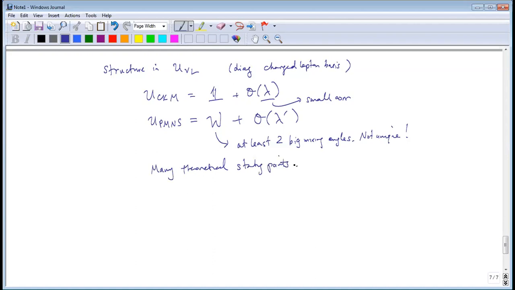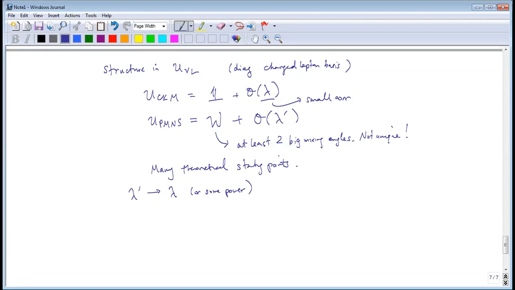Okay. And indeed, very often what people do, although you don't have to, this is just a model building choice, maybe it's lambda prime, maybe we can relate this to lambda or some power. Meaning the Cabibbo angle of the quark sector. Even if we don't know, we assume that those parameters are of that sort of size. It may not be exactly that same particular correction, but it could be.